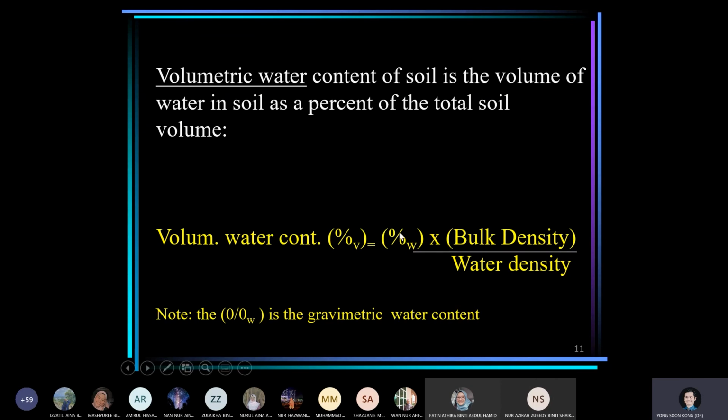So you can see right here, if you know the percentage of water on weight basis, you just multiply with the bulk density, divide by water density, which is 1. Why? Because water density is 1 gram per ml. Then you factor in, so make sure the unit is correct. Then you should get the water content in volume basis.